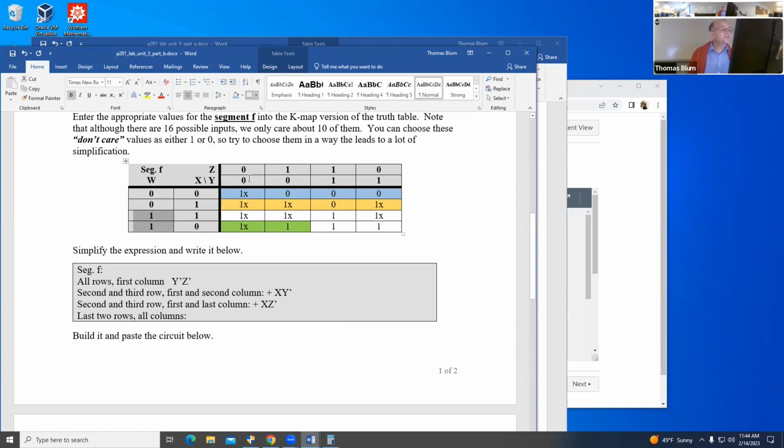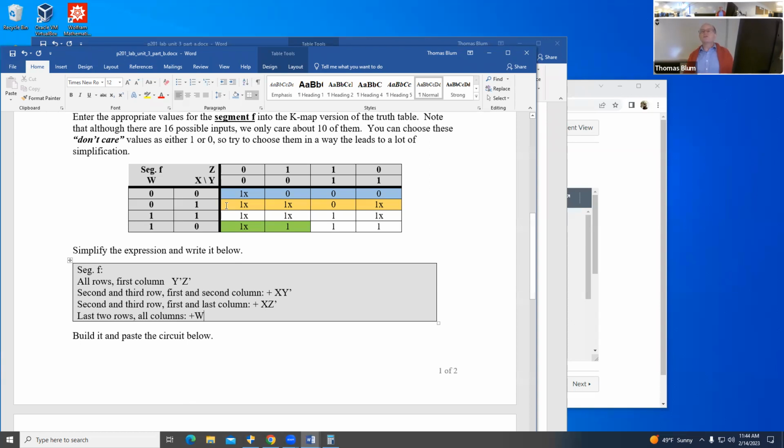The X changed, the Y changed, the Z changed, so that's just W. And there is my expression, again using my don't cares to make big groups.